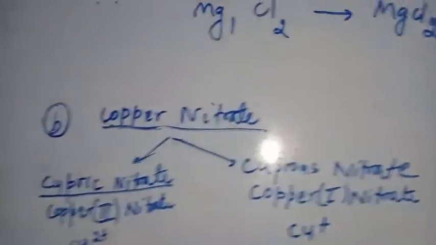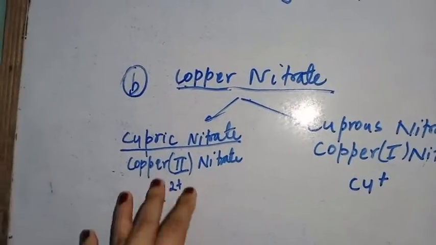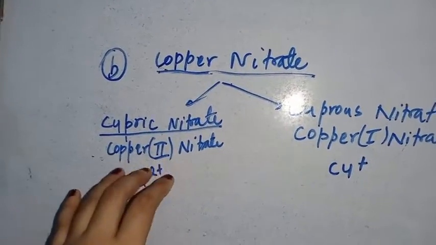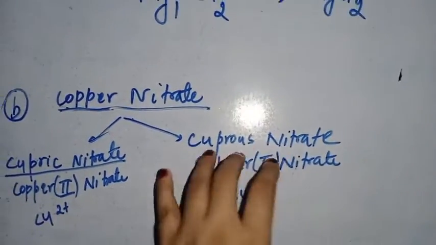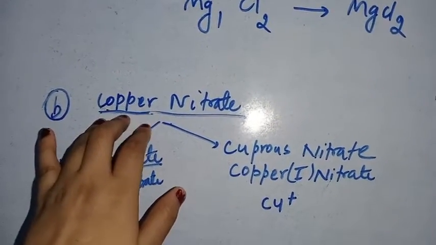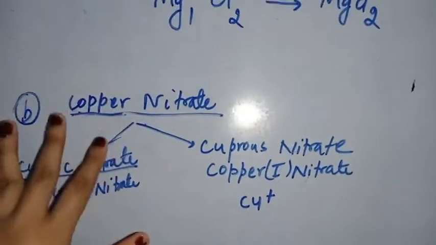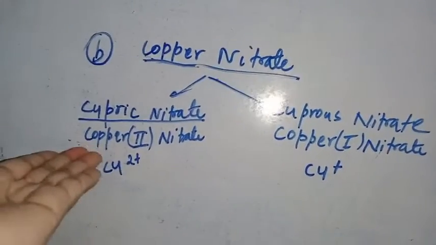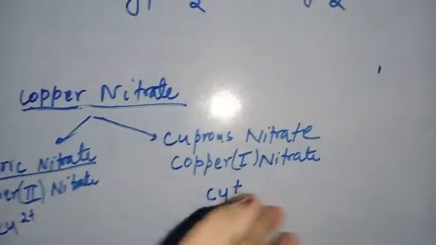So we will predict the two formulas, of copper 2 nitrate, that is cupric nitrate, and copper 1 nitrate, that is cuprous nitrate. Because here in the question, it is not mentioned whether it is copper 1 nitrate or copper 2 nitrate. It is just written copper nitrate. So copper nitrate could be in the form of copper 2 nitrate, or it could be in the form of copper 1 nitrate.